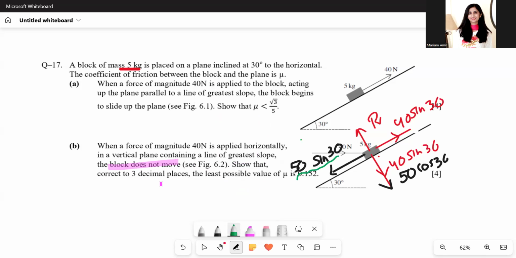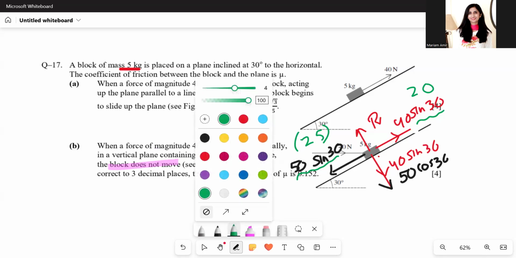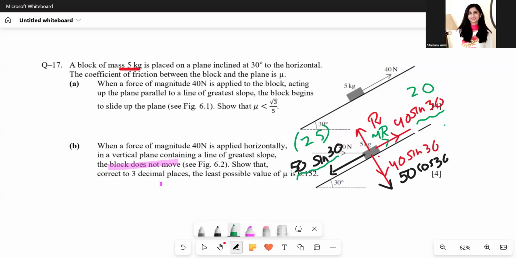This would be 25, I believe. 50 sine 30 is, yes, 25. And what about 40 times sine 30? That is 20. Okay, so that means that friction needs to be backwards. Friction should ideally be in this direction. Okay, now let's find the value of mu.